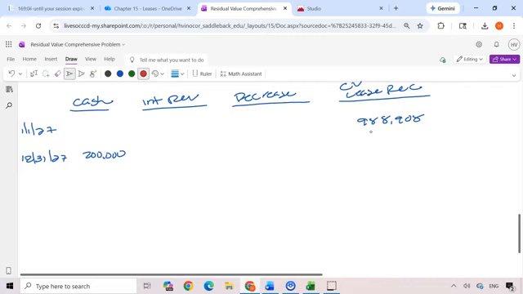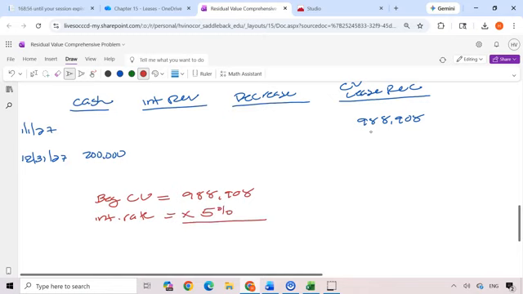We're going to take our beginning carrying value, which equals 988,908, and multiply that, because this is a full year, by the interest rate we are given, which is 5%. That amount is going to be $49,445, and that goes right in here as our interest revenue.